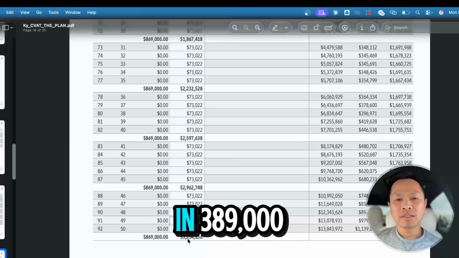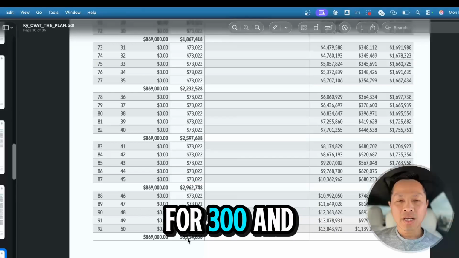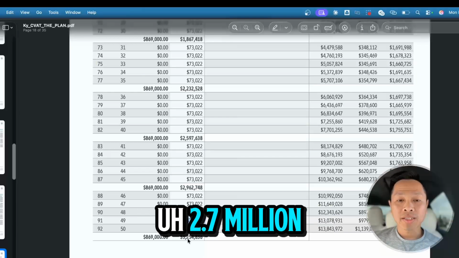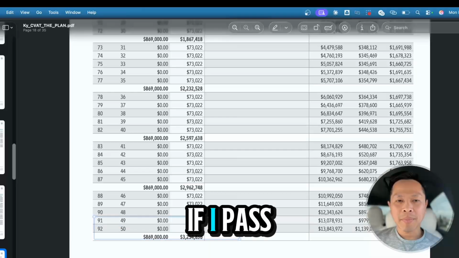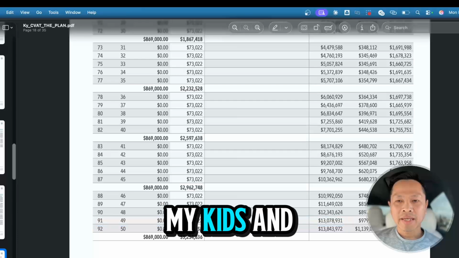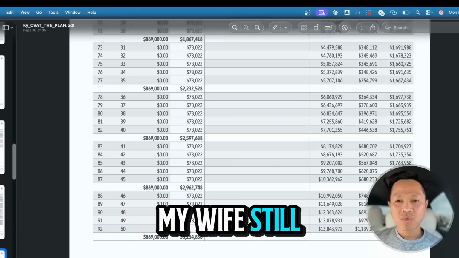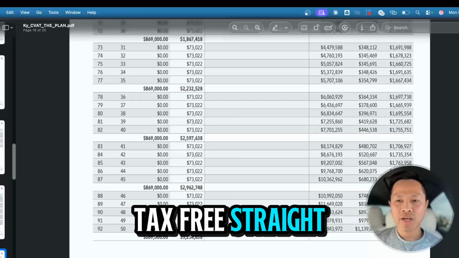So I'm putting in 389,000, and then I use the retirement for 2.7 million, right? And then at 91, if I pass away, my kids and my wife still inherit 2 million tax-free straight to them.